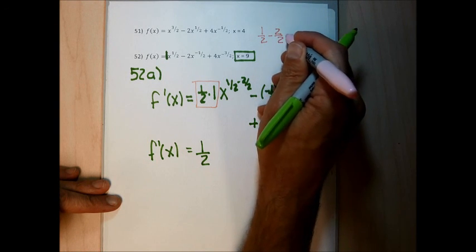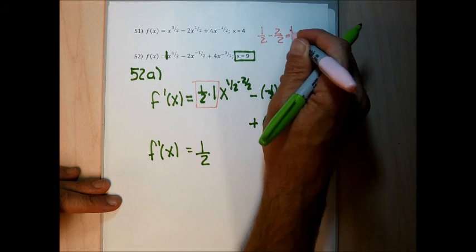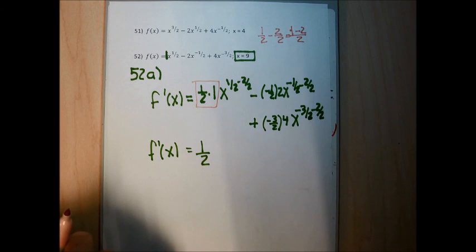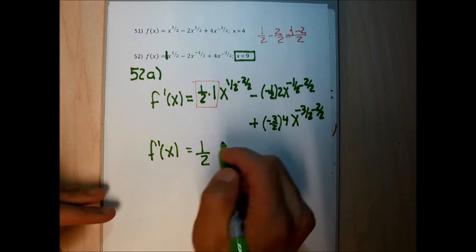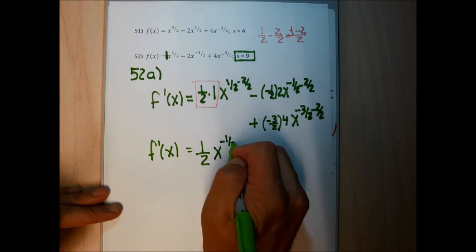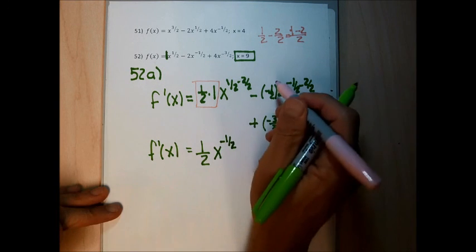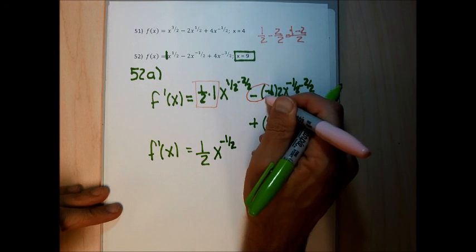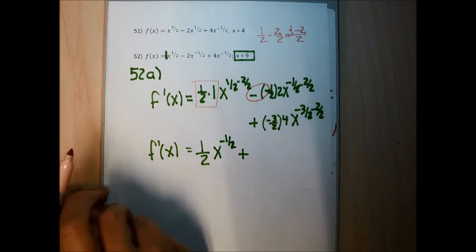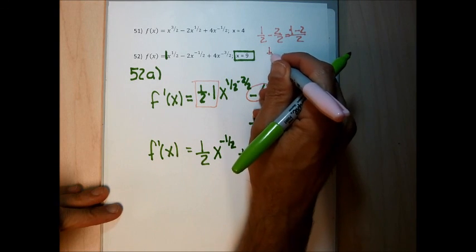And when you're subtracting fractions, you just subtract the numerators and you leave the denominators unchanged. So 1/2 minus 2/2 is 1 minus 2 over 2. That's going to be negative 1/2, which is going to be the exponent of the first x. The next multiplication I need to do, I'm multiplying two negatives, so I should get a positive. And the multiplication I'm doing is 1/2 times 2.